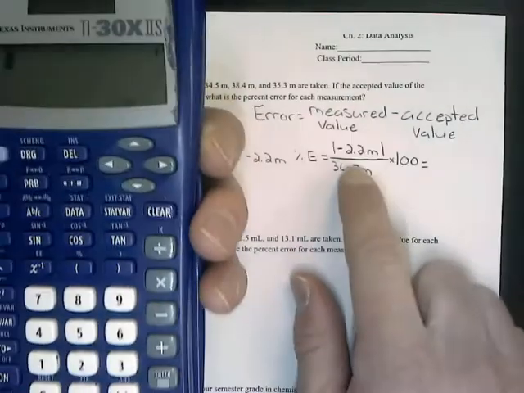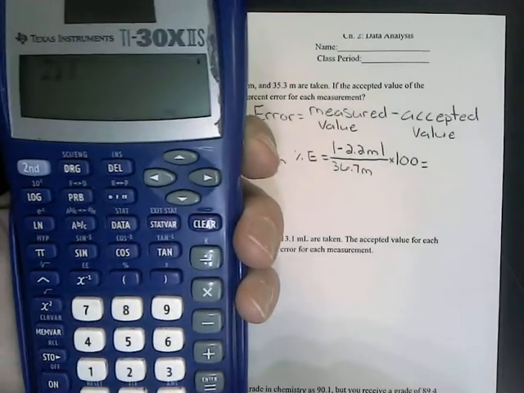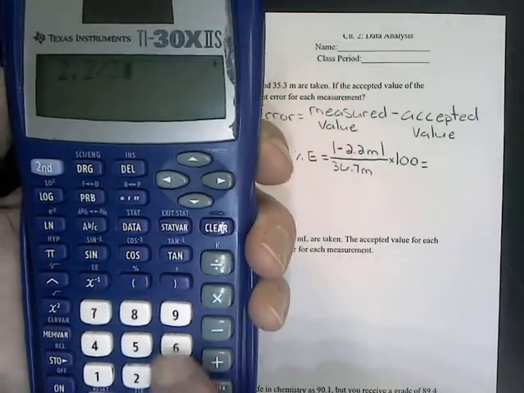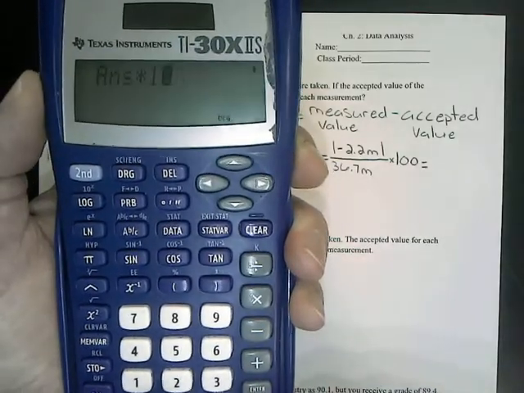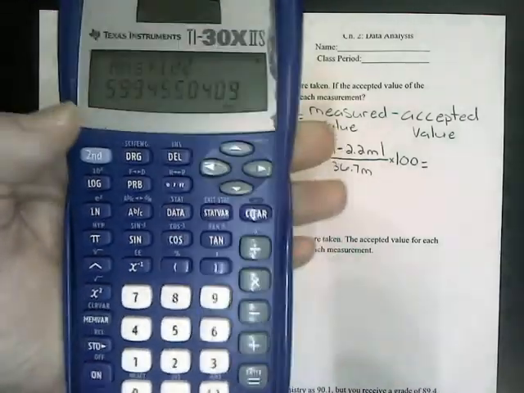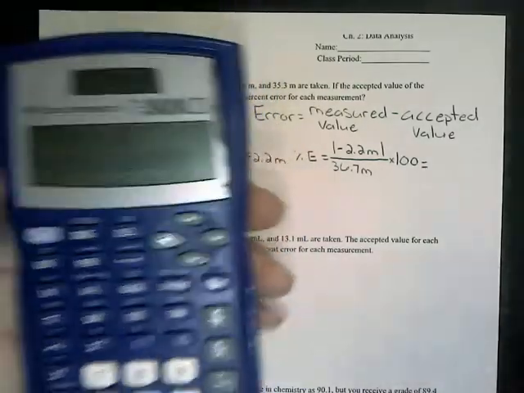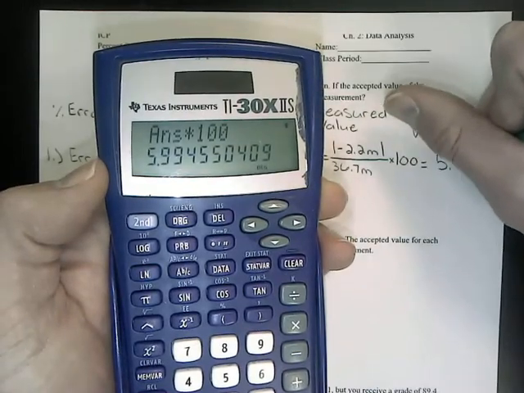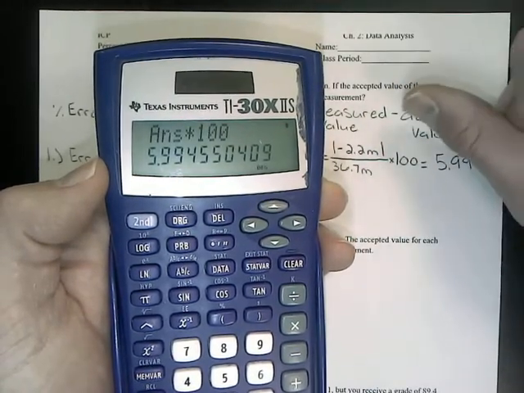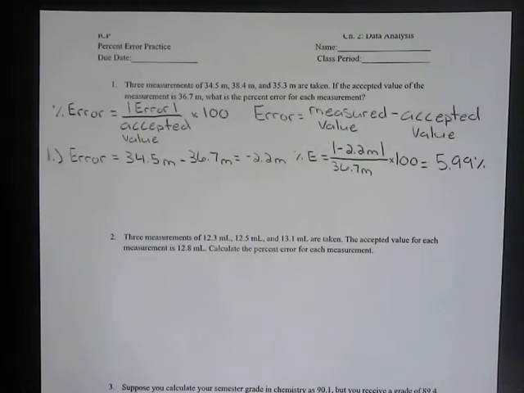The absolute value of a negative number is positive. So I'm going to go ahead and just put 2.2 divided by 36.7. I press enter. I multiply that by 100, and we round here to 2 decimals. So the percent error on measurement number one is 5.99%.